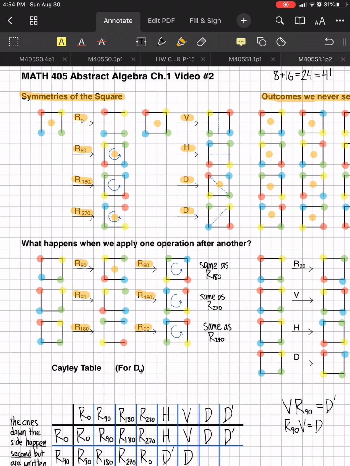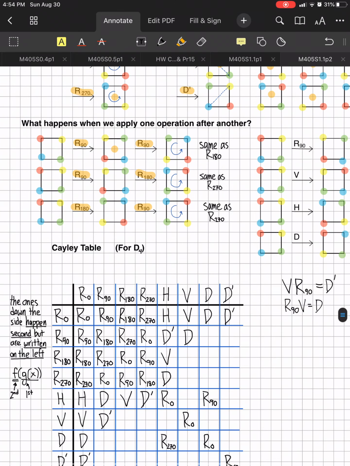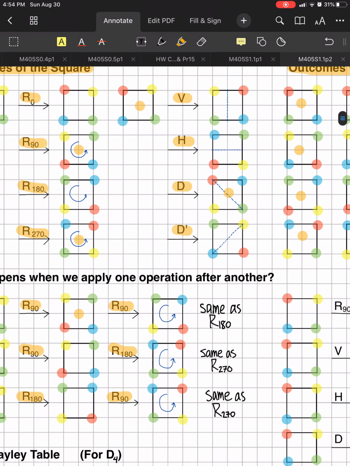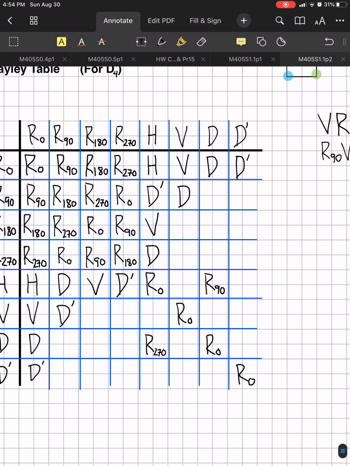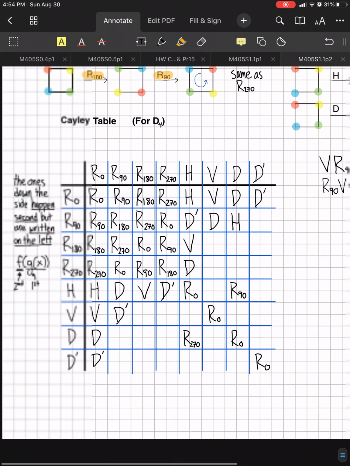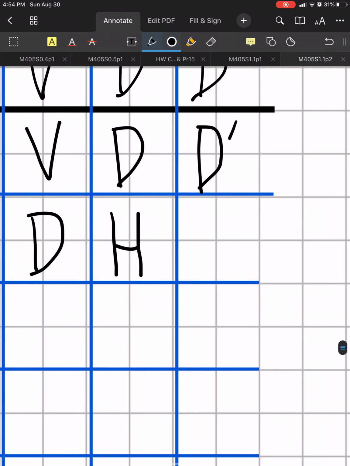The only one that happens there is, so D followed by 90 degrees, we get blue at the upper left, red at the lower left. The only one that works on is H, so I get an H right here. And then that leaves me a V here.